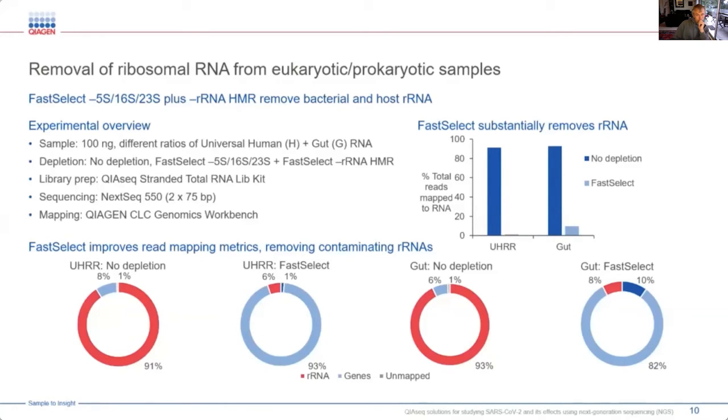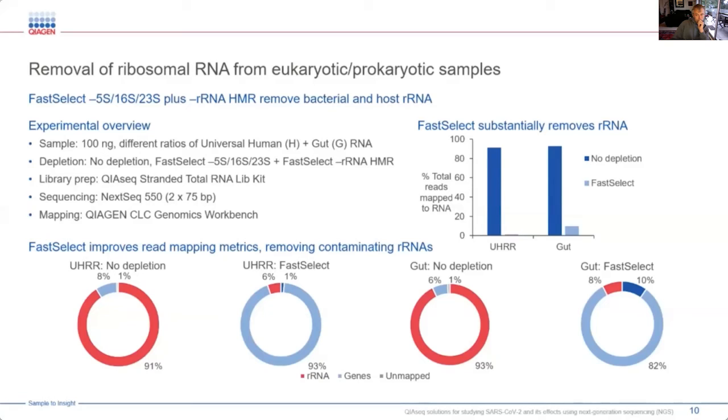But as we think about this from a more challenging sample than a reference sample, we have a gut sample, and again, comparing no depletion to using FastSelect. Now, gut is obviously a more diverse sample than a reference sample, but what you see here is something similar. Ribosomal RNA accounts for 93% of the reads. Only 6% are the target genes that we're probably looking at.